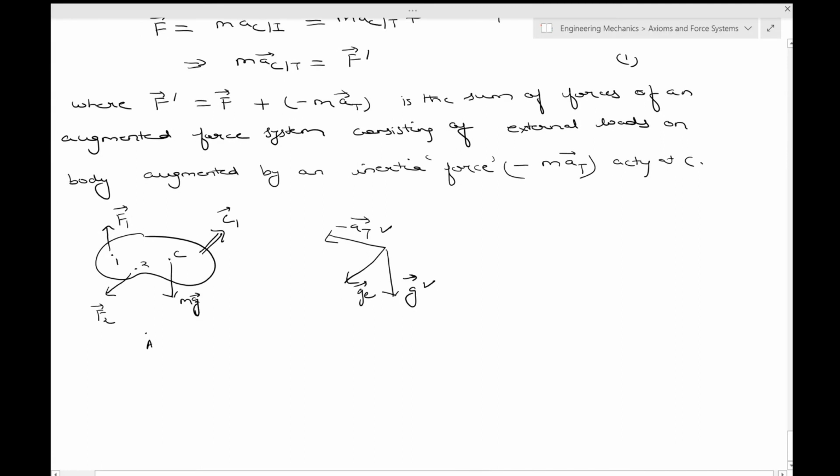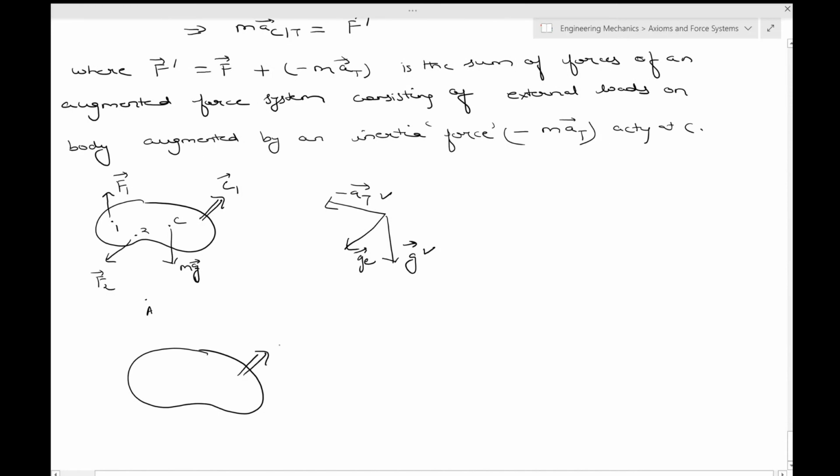Now we can say that it's the same body, even if the diagram doesn't look like that. So this is the C couple, moment due to a couple. You will have at C an mg, and you will have a minus of MAT. One remains as it is, 2 remains as it is.